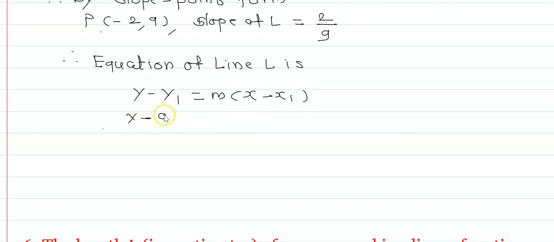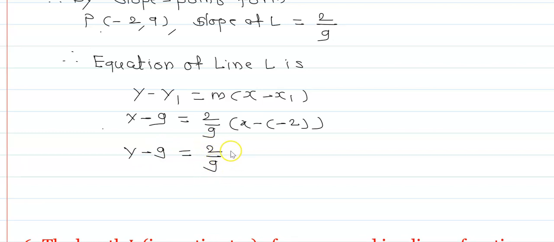Y minus 9 is equal to 2 upon 9 in bracket x minus in bracket minus 2. Therefore, y minus 9 is equal to 2 upon 9 in bracket x plus 2.